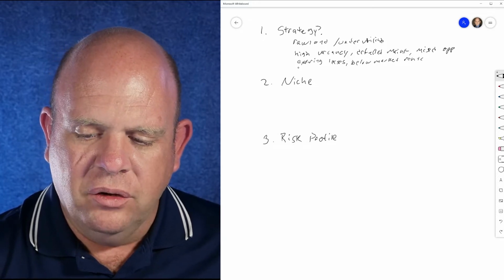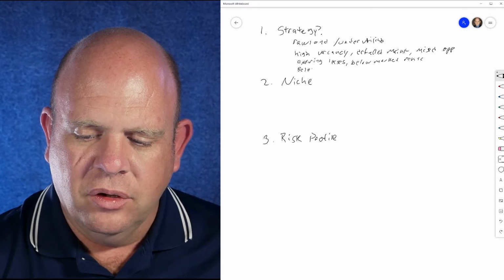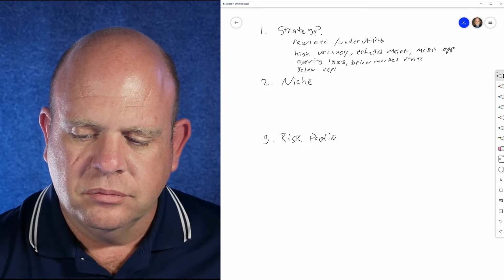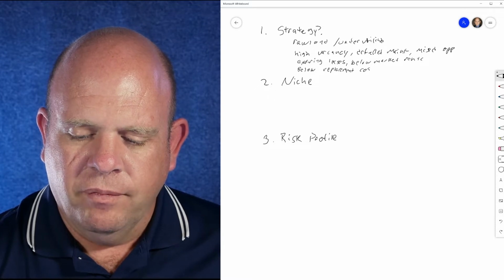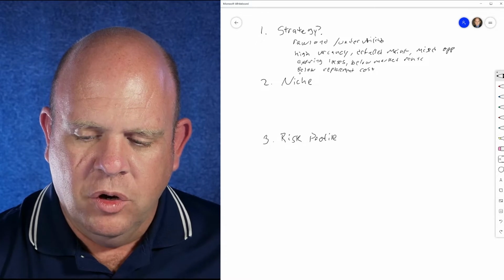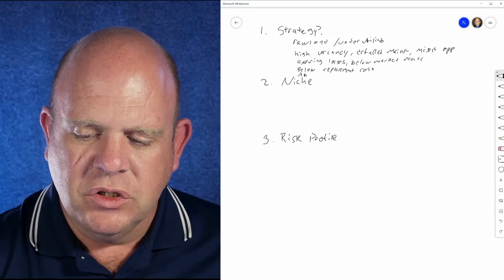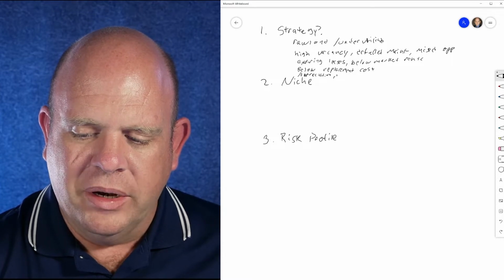If undervalued, we're looking at below replacement cost. And if cash flow, we're looking at either appreciation potential or rent escalations.